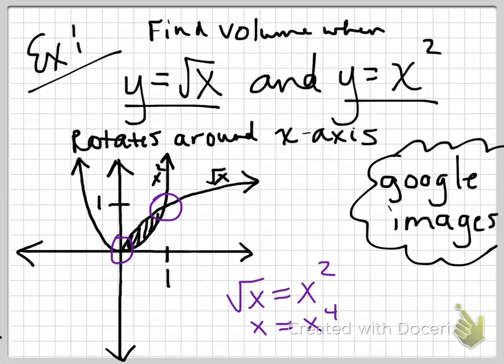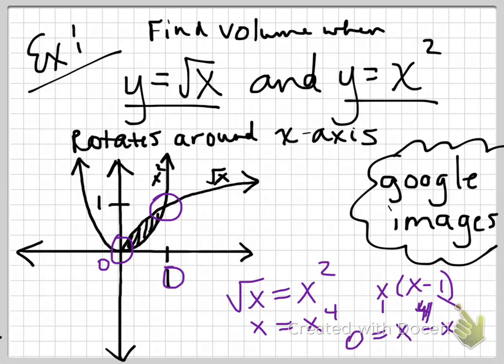If we subtract the x to the other side, we have 0 equals x to the fourth minus x. Then if I factor out an x, I would have x times the quantity x cubed minus 1. So my two solutions are x equals 0 and x equals 1, and you can see that that's at 0 and that's at 1.